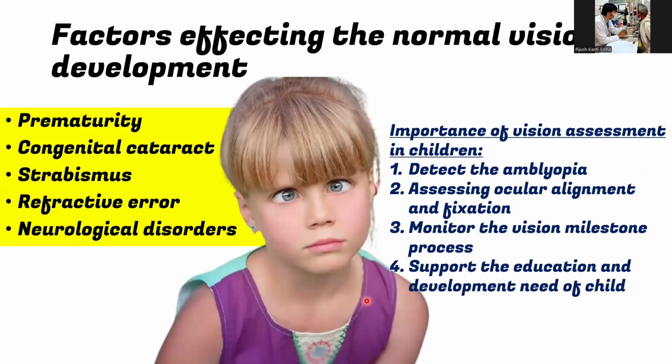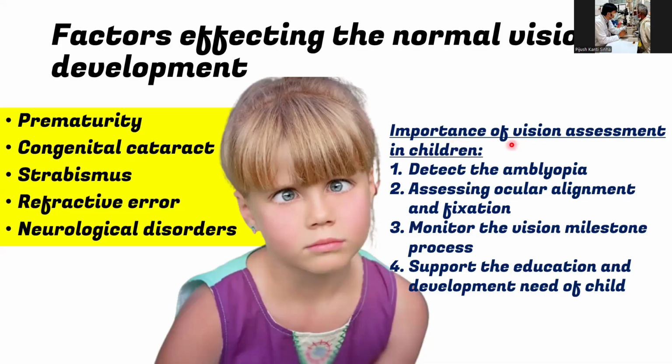Congenital cataracts, strabismus, coloboma, and congenital glaucoma all hamper normal eye development. Or refractive error: the presence of high refractive errors in children can lead to deviation of the eye inward or outward. Alongside, neurological disorders can lead to very severe problems like CVI conditions. So it affects the developmental stage of the eye, and it affects the baby's functional ability also.